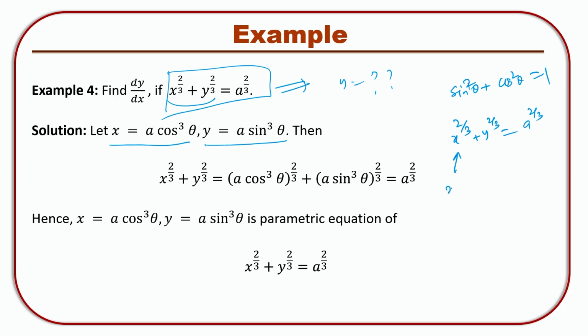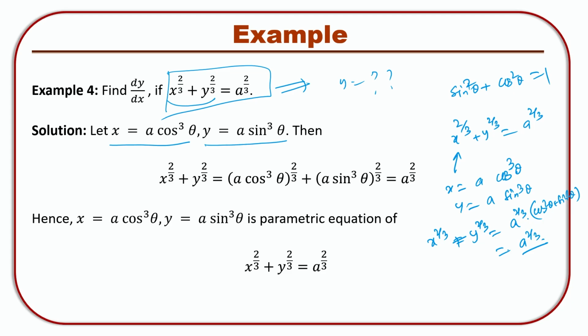If I put x equal to a cos^3 theta and y equal to a sin^3 theta, then x^(2/3) plus y^(2/3) is equal to a^(2/3) into cos^2 theta plus sin^2 theta, and this comes out to be a^(2/3), right?